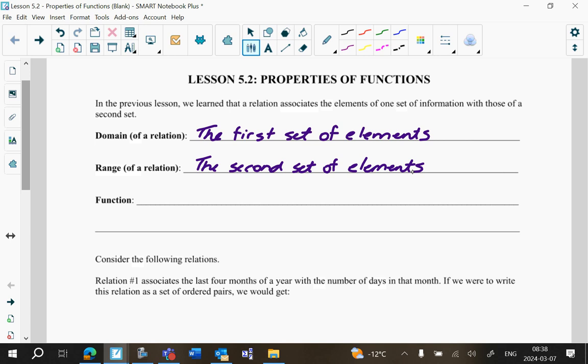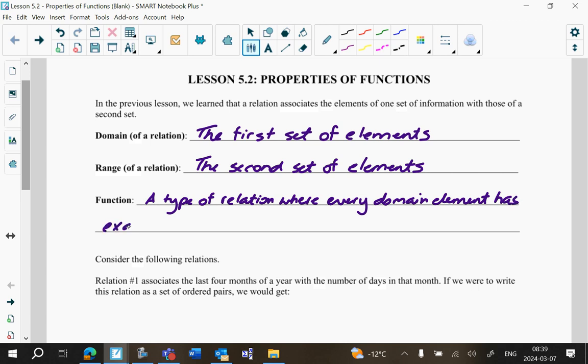A function is a type of relation where every domain element has exactly one corresponding range element.